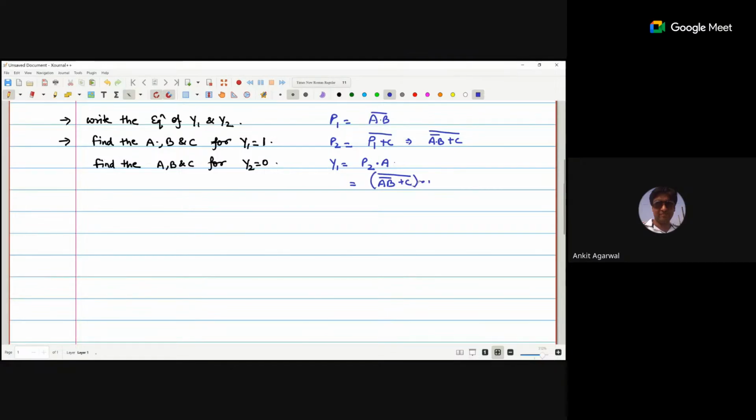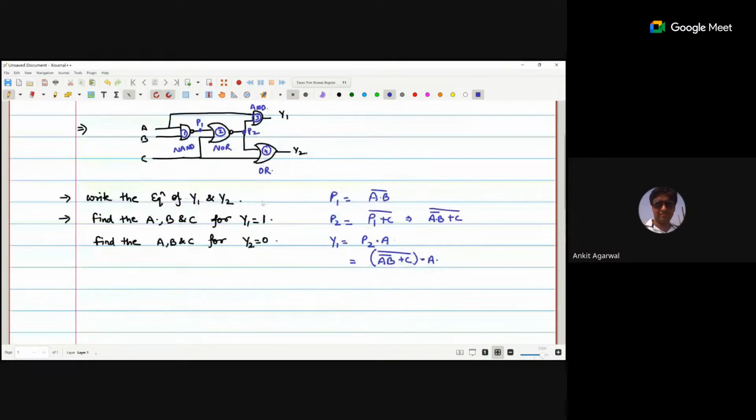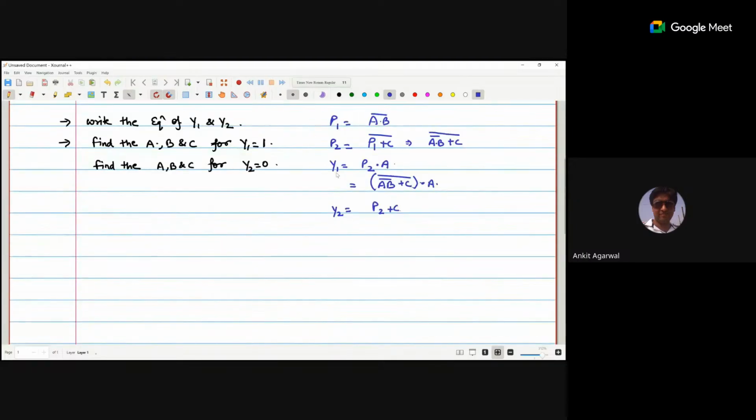And Y2 is P2 ORed with C, so Y2 equals P2 plus C, that is equal to ((A B) bar plus C) whole bar plus C. Okay, so these are the two equations, Y1 and Y2.